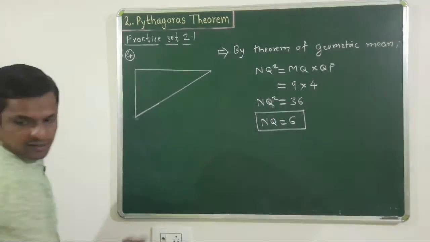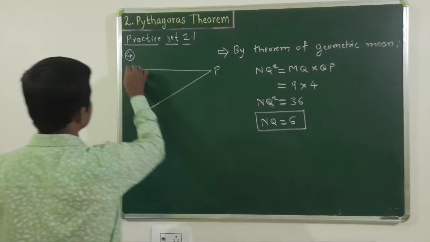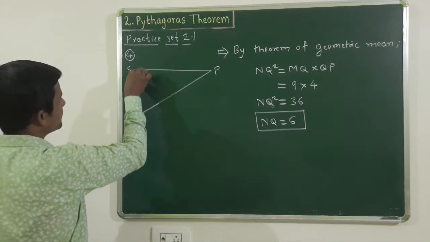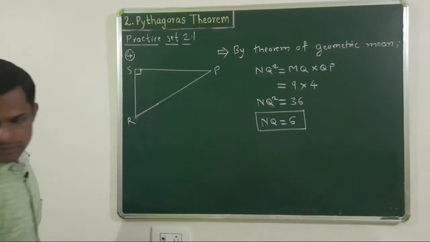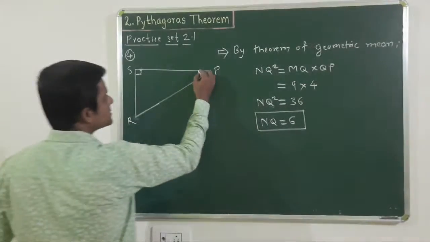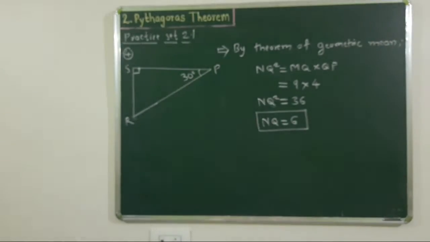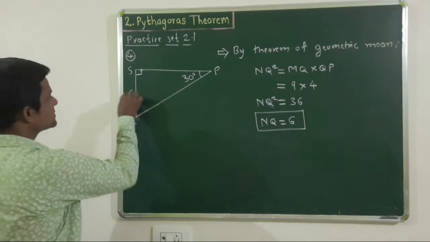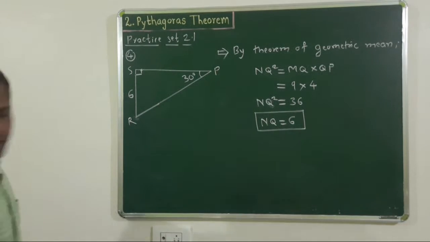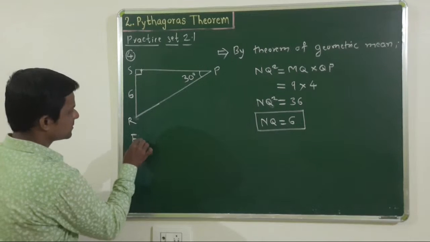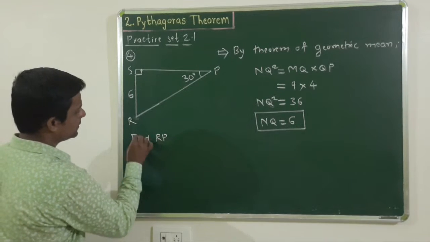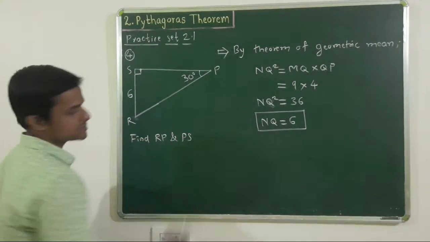It is triangle PSR, which is right angled at point S. One angle, this second angle, is given as 30 degrees. SR is given as 6. Find RP and PS.